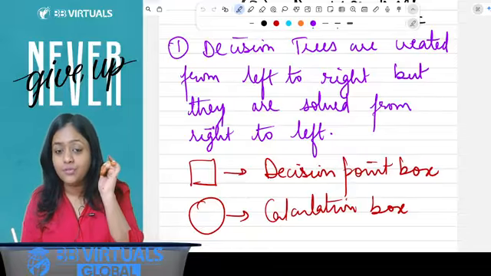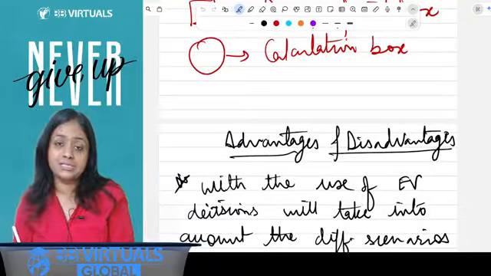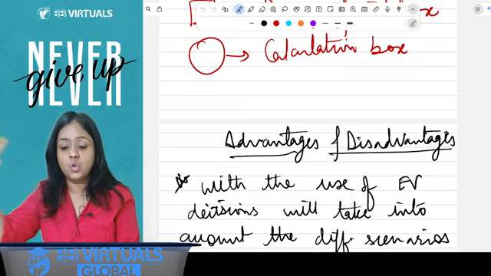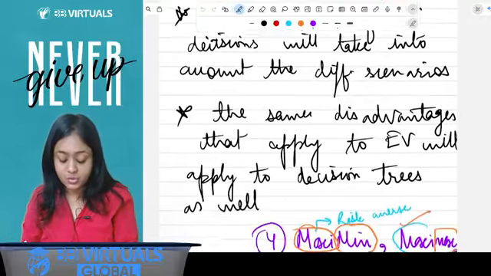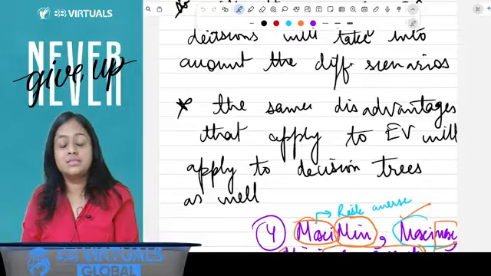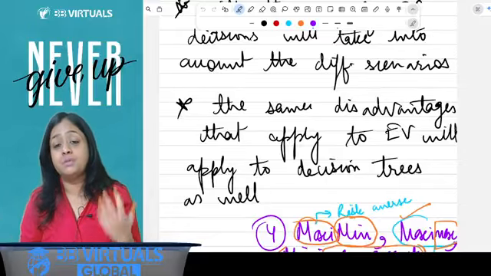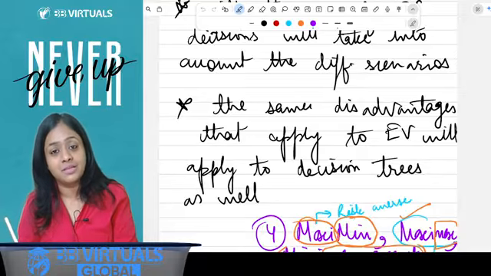So make sure that you don't forget them. Decision trees are never to be drawn by you in the exam. They will be given to you. You have to apply the expected value method to solve it. Advantages are the same as the expected value method, very easy to use, and disadvantages are also the same, because of the probabilities that exist.